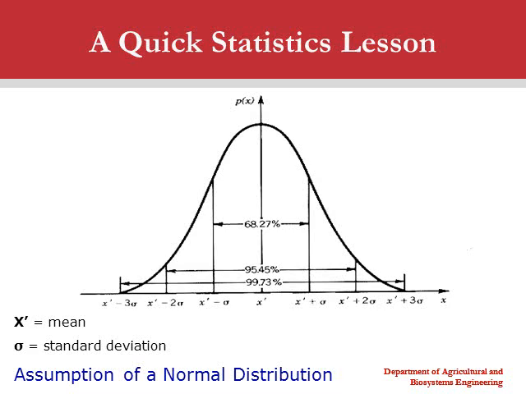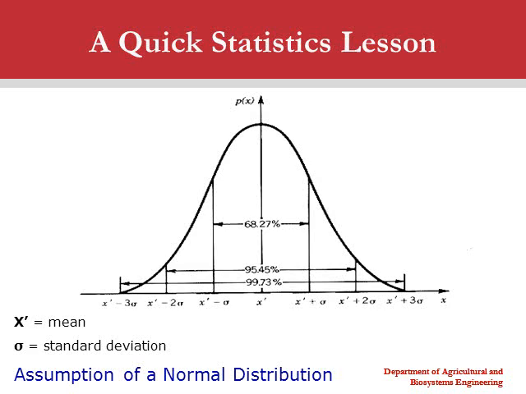Likewise, if we have 2 sigma, 2 standard deviations, plus or minus, then we would expect 95% of the data points to lie within that range. 3 standard deviations is going to include up to 99% of those data points.